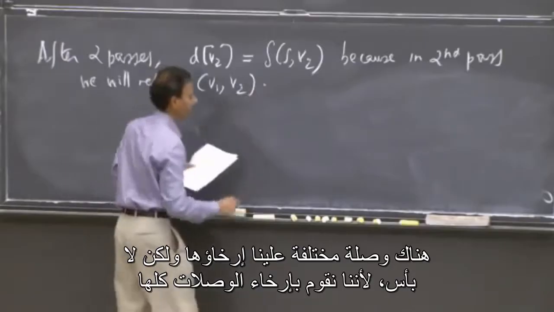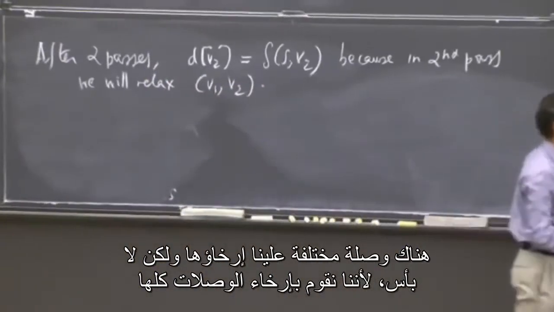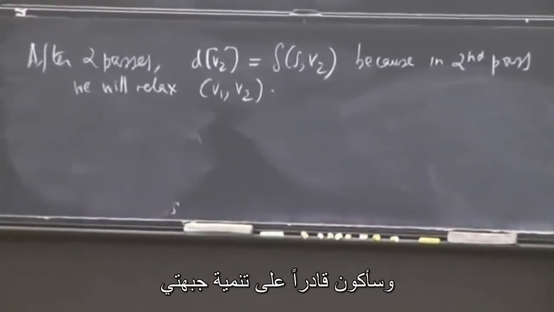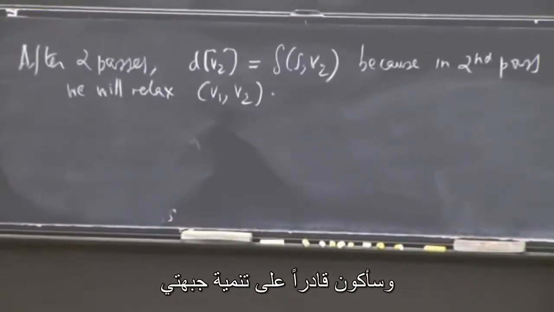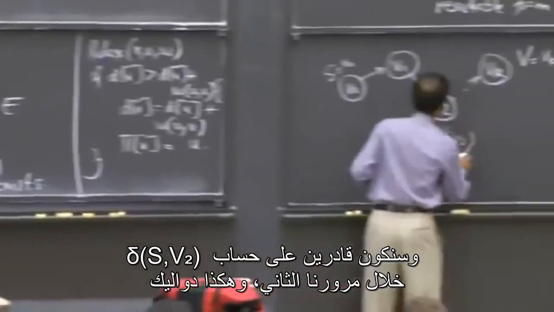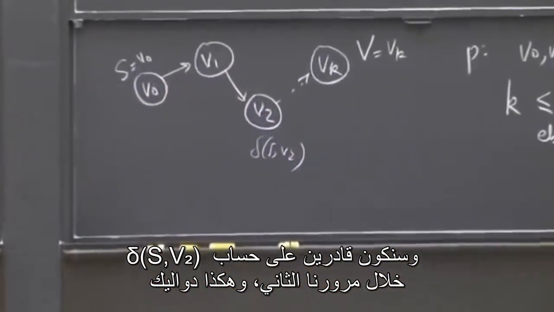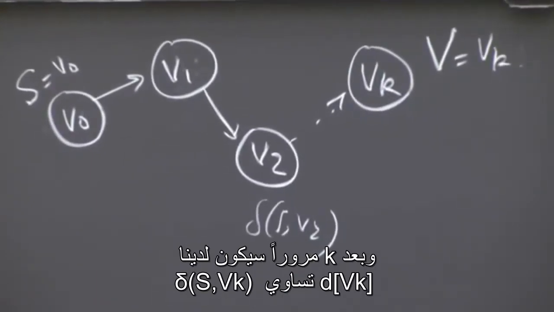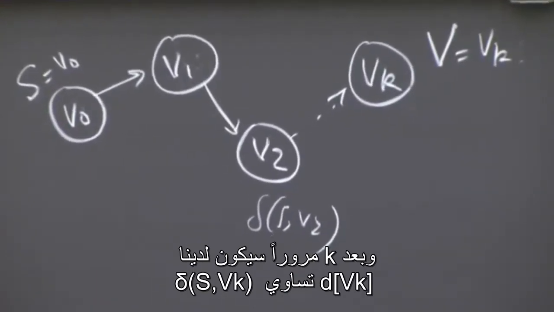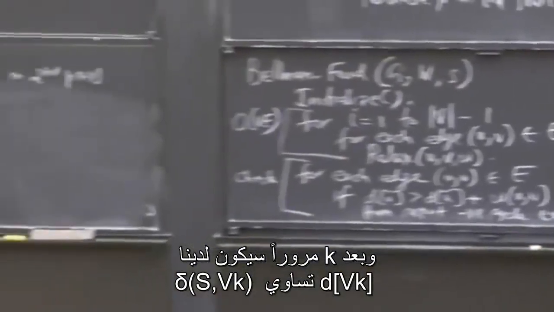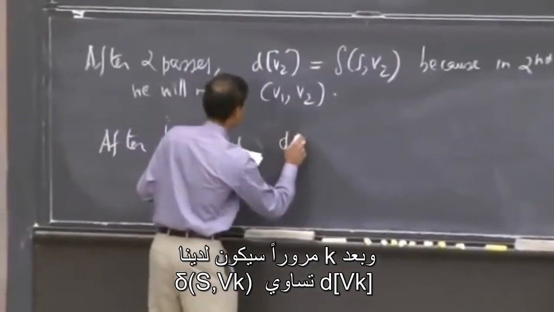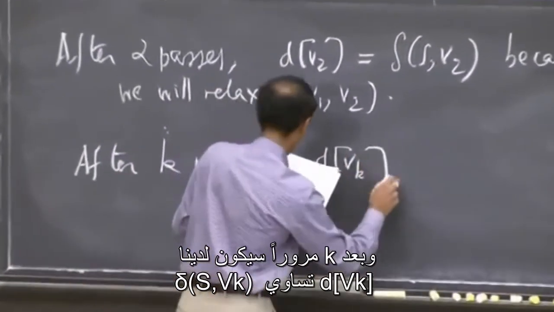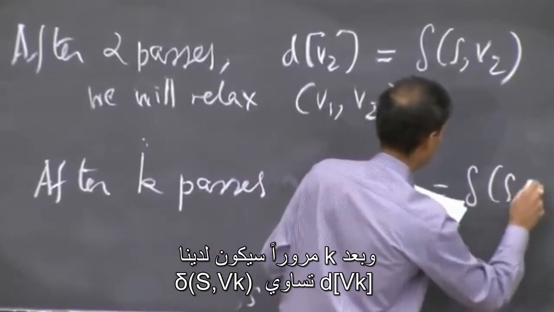So it's a different edge that needs to be relaxed, but that's cool because I'm relaxing all the edges, and I'm going to be able to grow my frontier. I'm going to be able to compute delta SV2 at the end of my second pass, and so on and so forth. So after K passes, we have dV1, VK, excuse me, equals delta S VK.